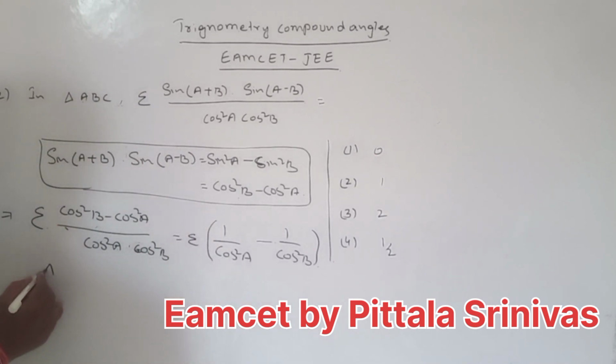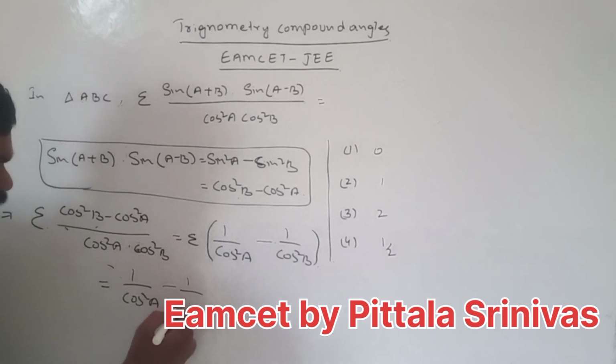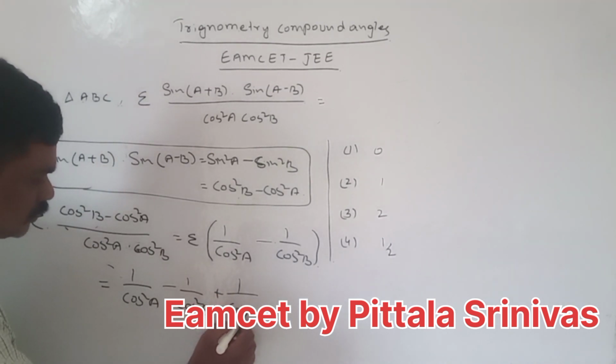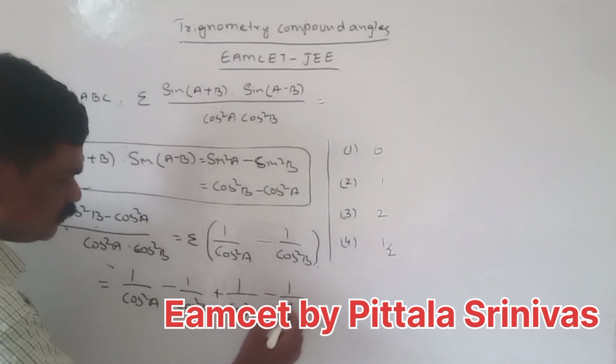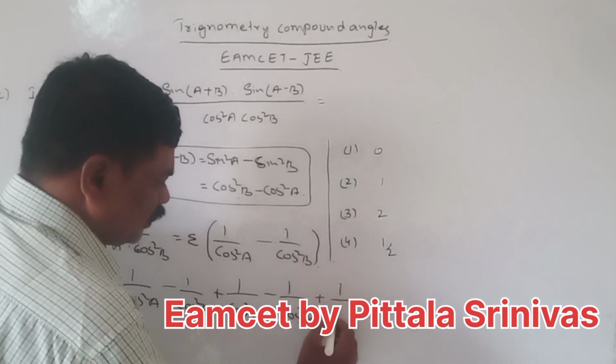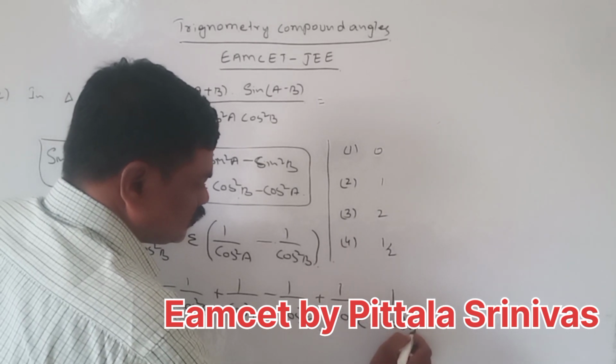We have A, B and BC and CA, like this we will get. So what can be written as 1 by cos²A − 1 by cos²B + 1 by cos²B − 1 by cos²C + 1 by cos²C − 1 by cos²A.